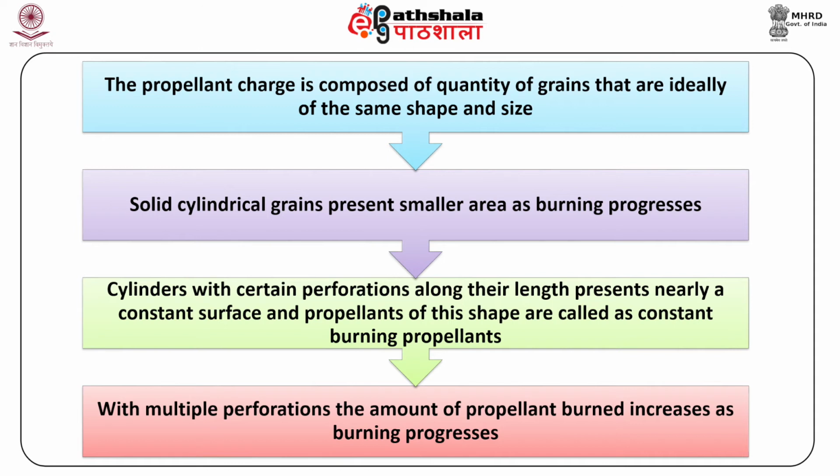Solid cylindrical grains present a smaller area as burning progresses. Cylinders with certain perforations along their length present a nearly constant surface, and propellants of this shape are called constant burning propellant.